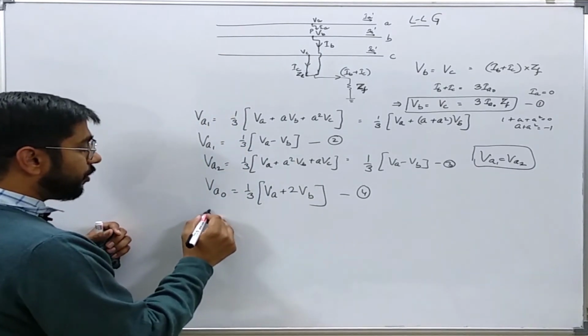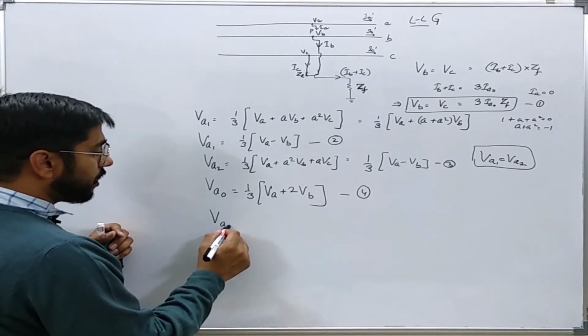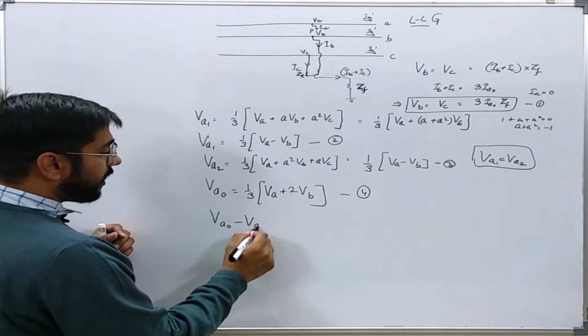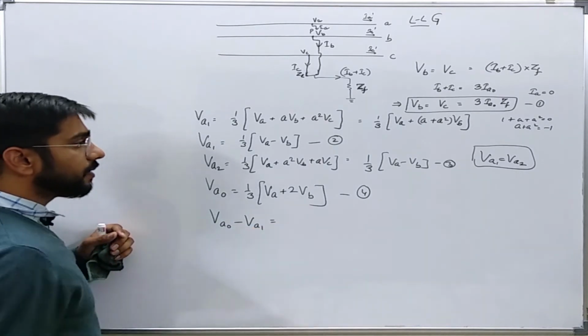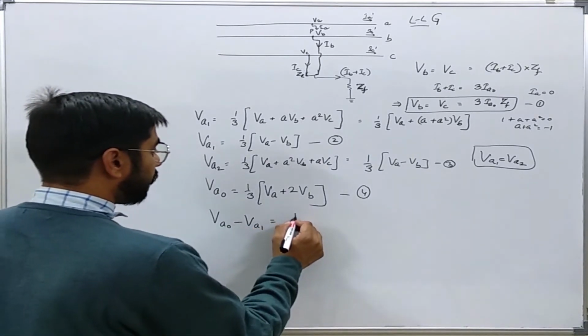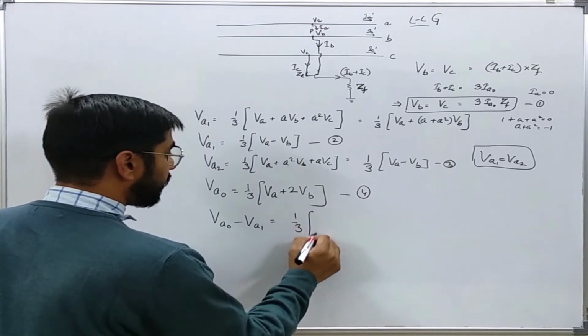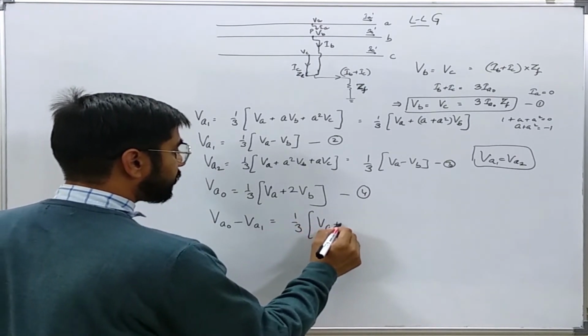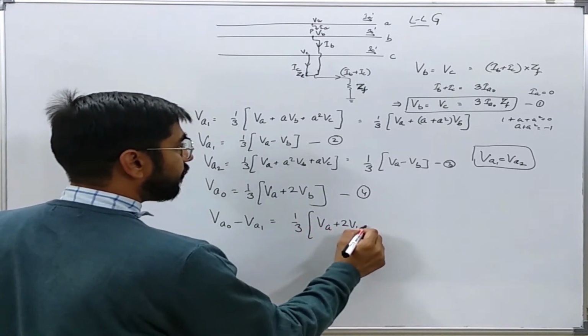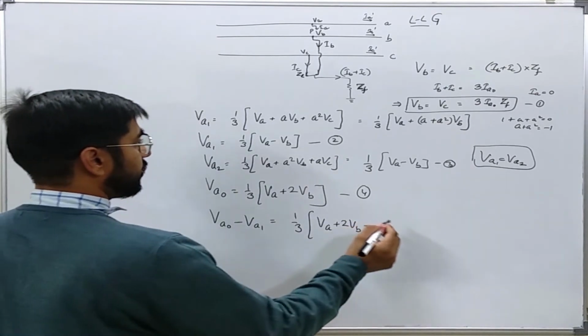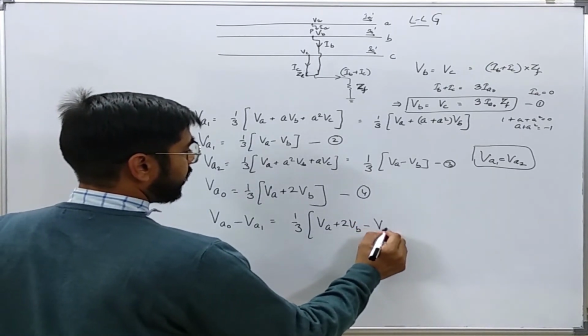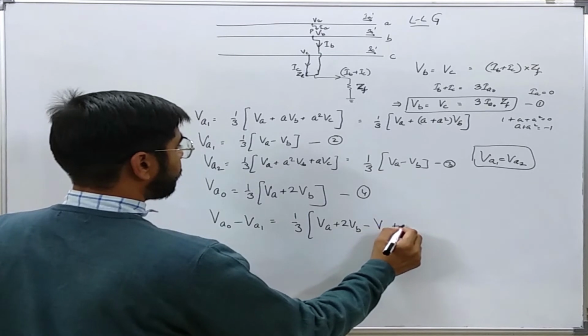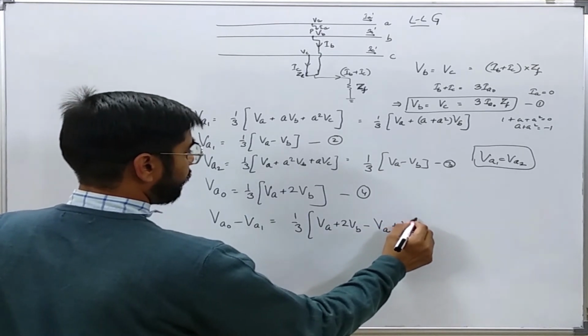So we will try to find VA0 minus VA1. Now it comes out to be 1 by 3 (VA plus 2VB minus VA plus VB).